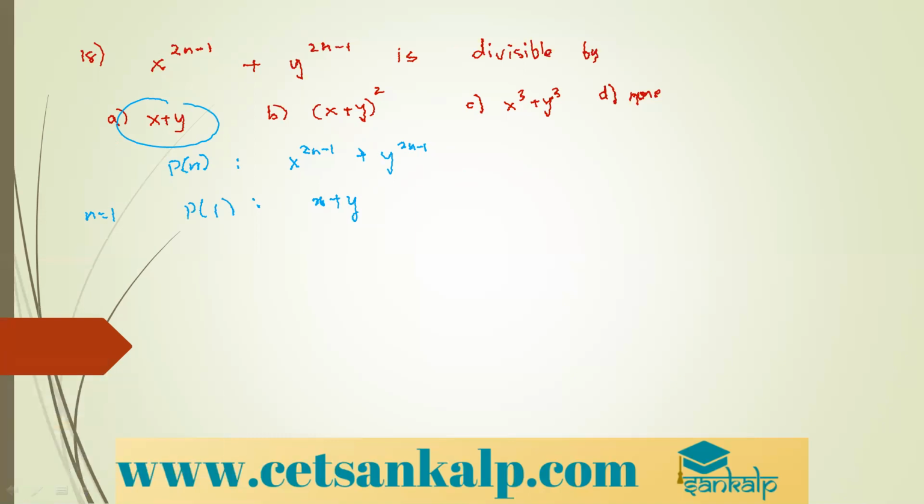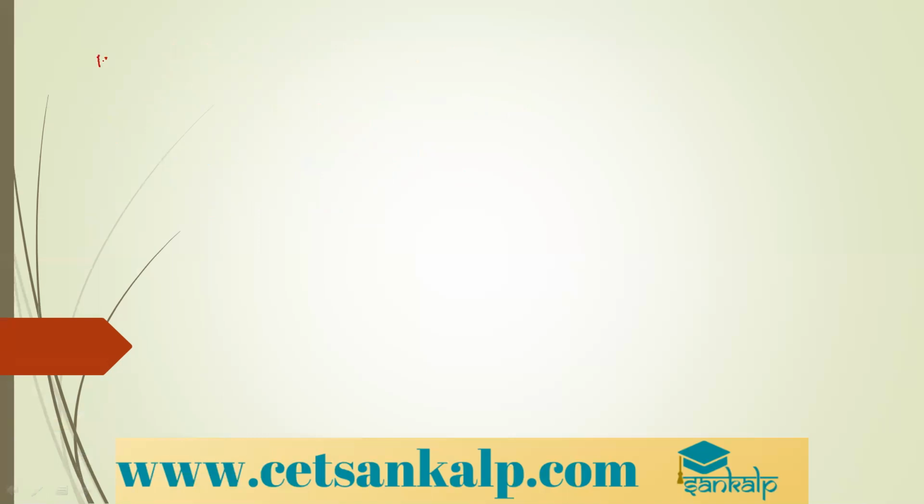Let's go to question number 19. It says n into n plus 1 into 2n plus 1 is divisible by. The options are 6, 8, 15 and none.